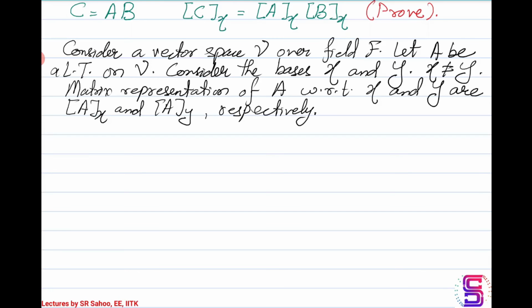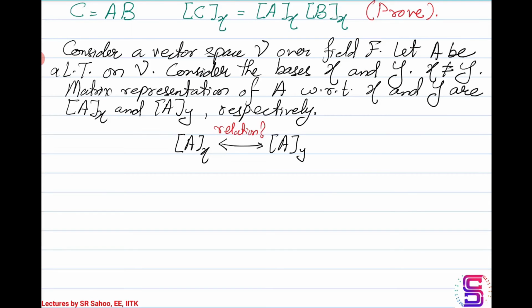Okay, so you have a vector space over a certain field. A is a linear transform defined on the vector space. With respect to one basis X, A has a matrix representation Ax. With respect to another basis Y, A has a matrix representation Ay. What we are interested in here is how these two are related.